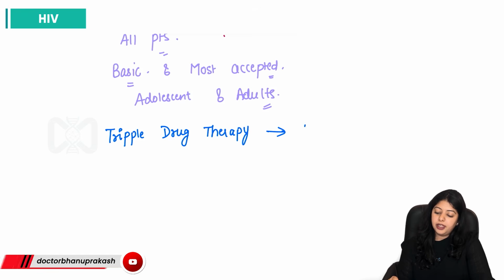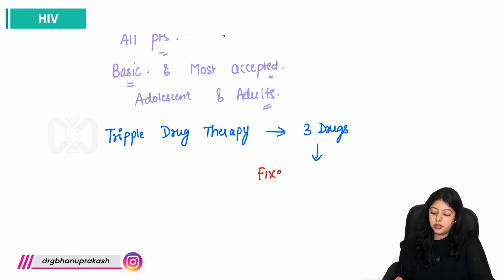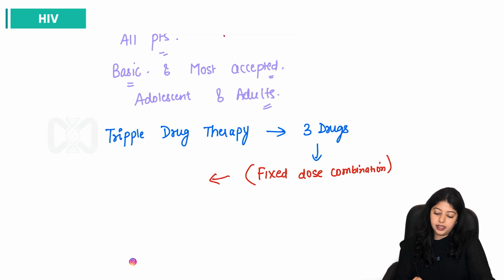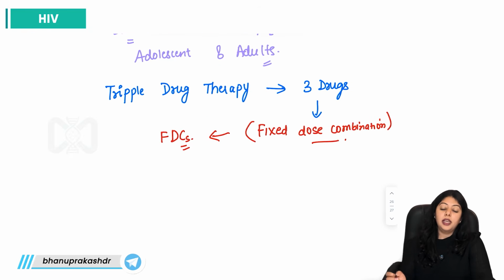It is having 3 drugs in fixed dose combination, which are also known as FDCs. So these 3 drugs should be from at least 2 classes of drugs.